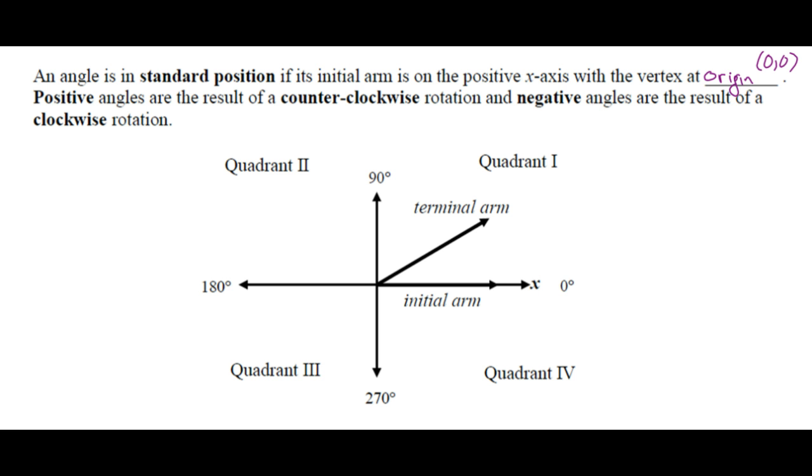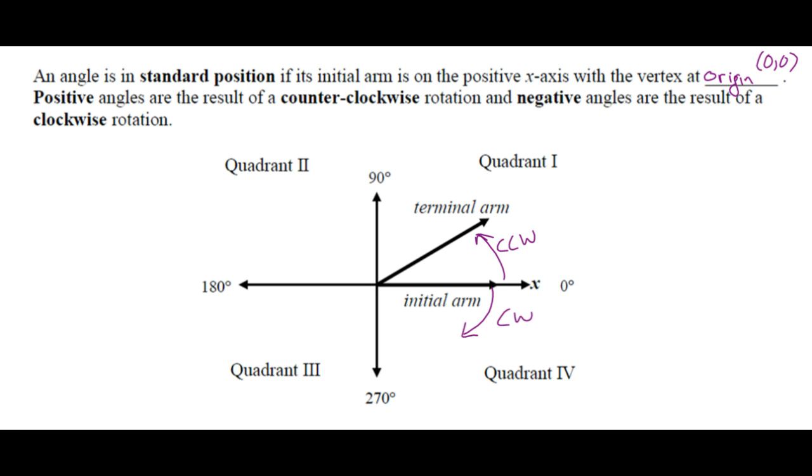So counterclockwise, right? Which is this way. Counterclockwise. And a negative angle results from a clockwise rotation. Okay, so if we rotate this way, clockwise, and it's from the positive x-axis, right? So the initial arm is always on the positive x-axis. As you rotate through, each quadrant is 90 degrees.